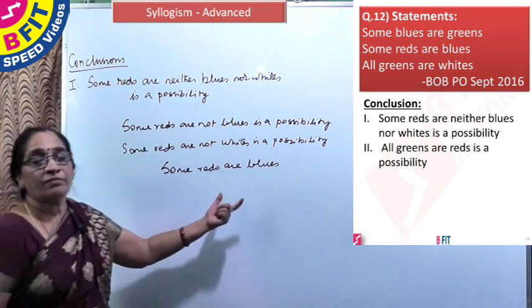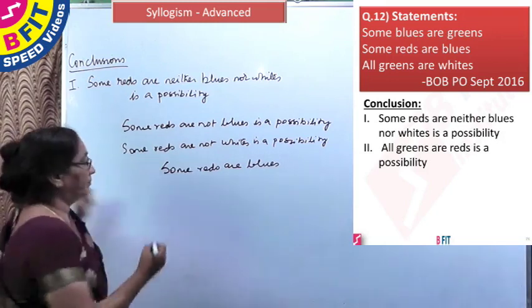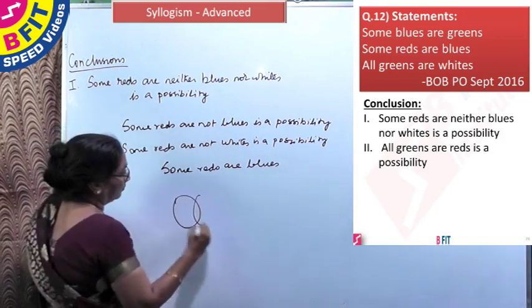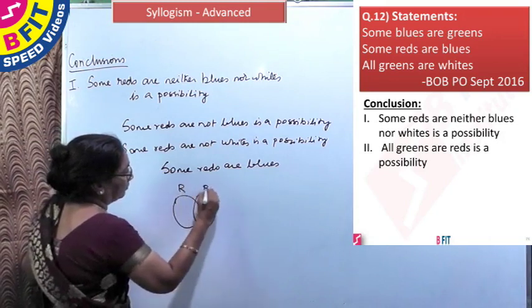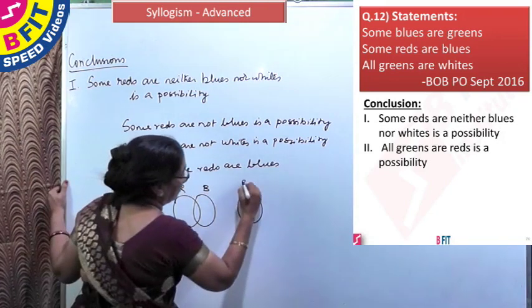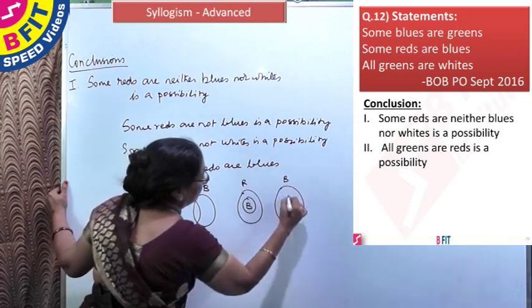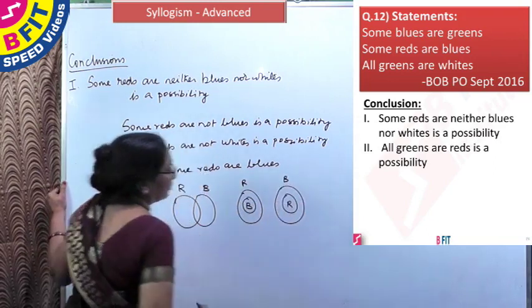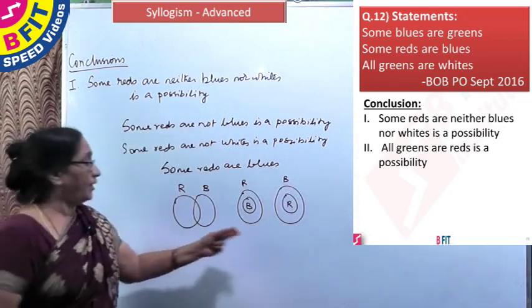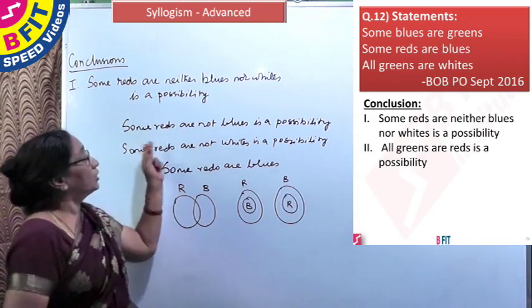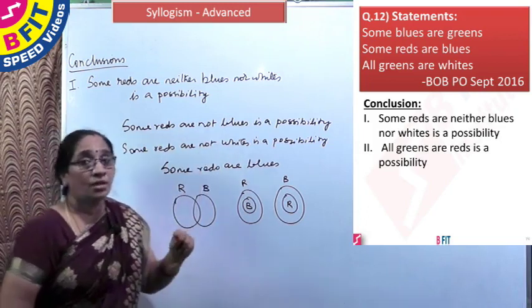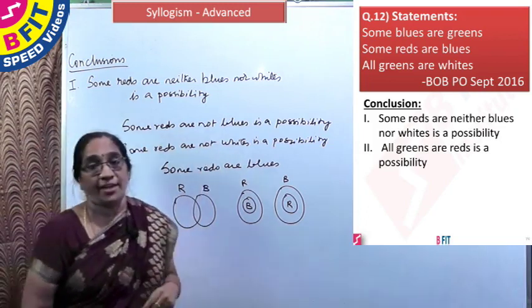The Venn diagrams which we can draw for this are: we should now check whether this conclusion, some reds are not blues, is true in any of these three diagrams.